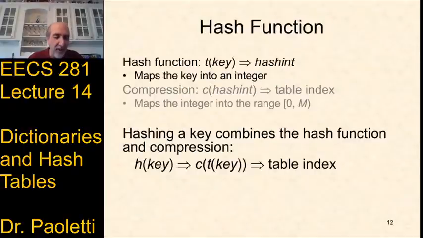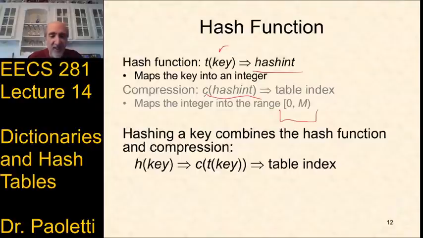So first part, the T, or the translation. We're going to do the translation to turn our key into an integer, so T of key produces a hashed integer. If I then compress that hash integer, I can get a valid index in the range 0 to m.